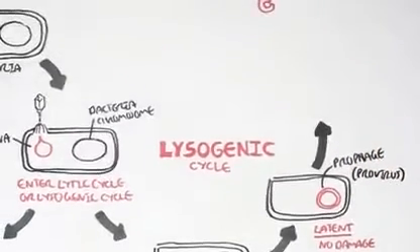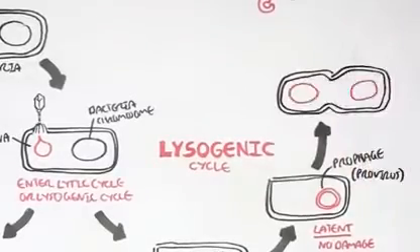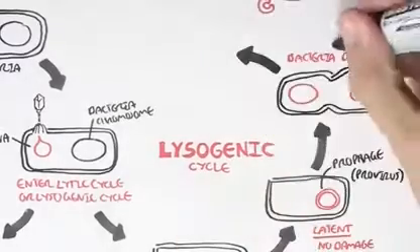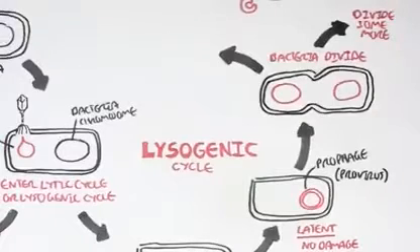However, when the bacteria itself divides, because that's what bacteria do, the phage DNA is also copied, and this can keep occurring. Each time the bacteria divides, the phage DNA will also be copied, and so we would have more phage DNA.